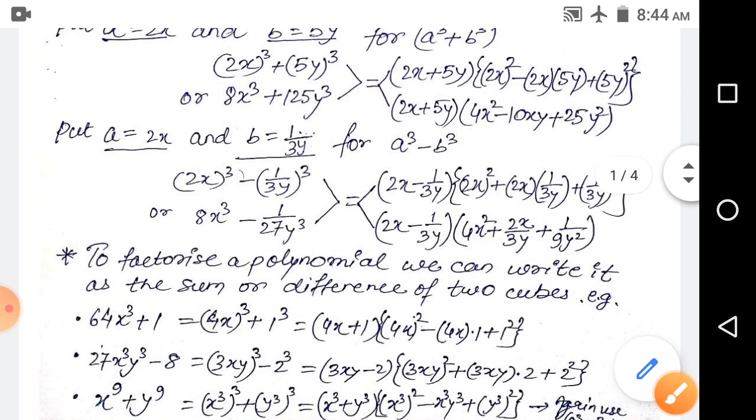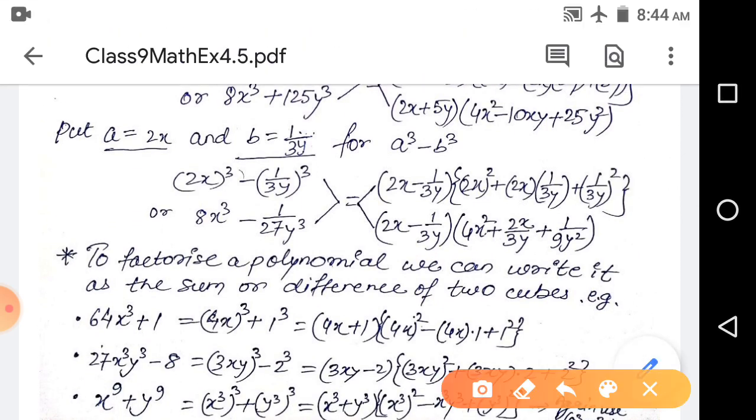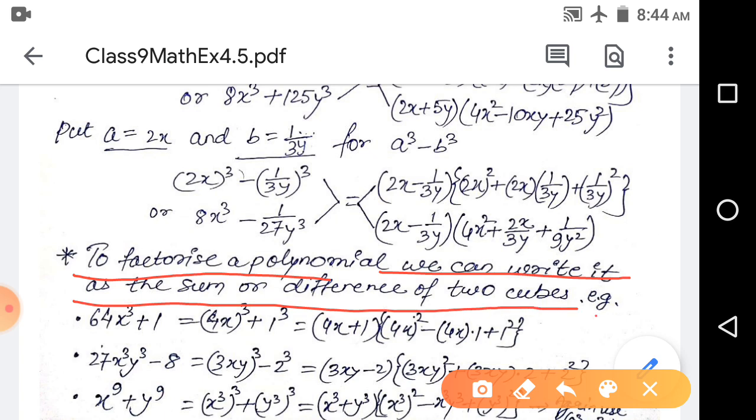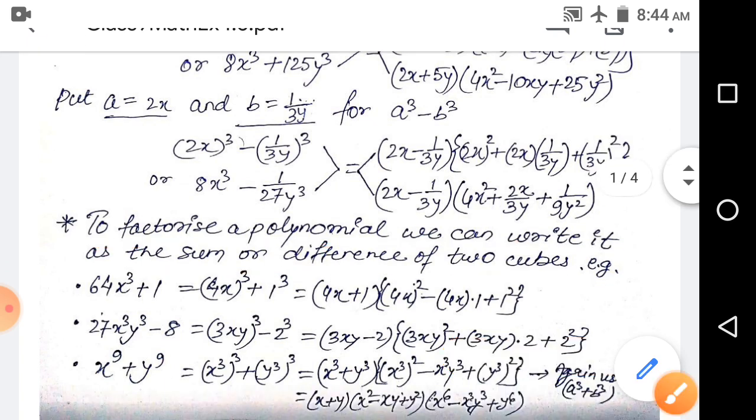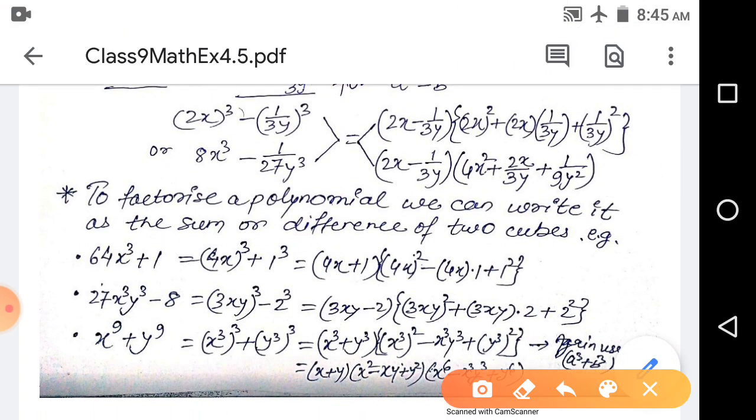Now this is a statement written here: to factorize a polynomial, we can write it as the sum or difference of 2 cubes, and the examples are given here. See, if we have 64x cube plus 1, it can be written as 4x whole cube.